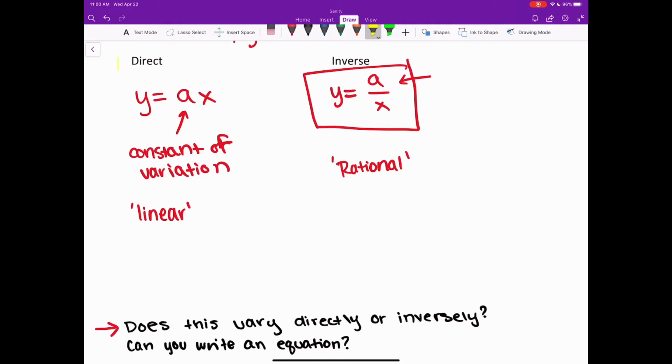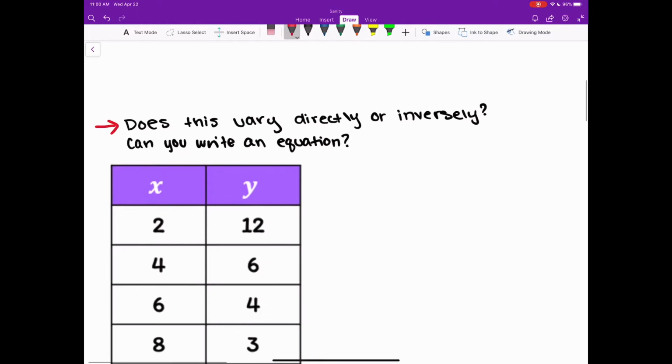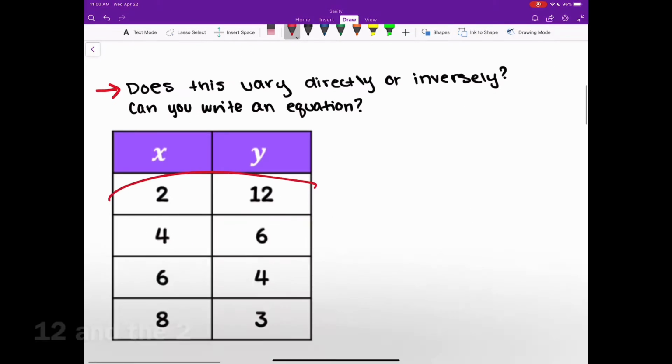Again, with direct, there was some sort of constant of variation that I multiply x by in order to get y. So let's take a look at this first pairing, the 2 and the 12. If it's supposedly direct variation, there should be a constant that I multiply x by to get my y value.